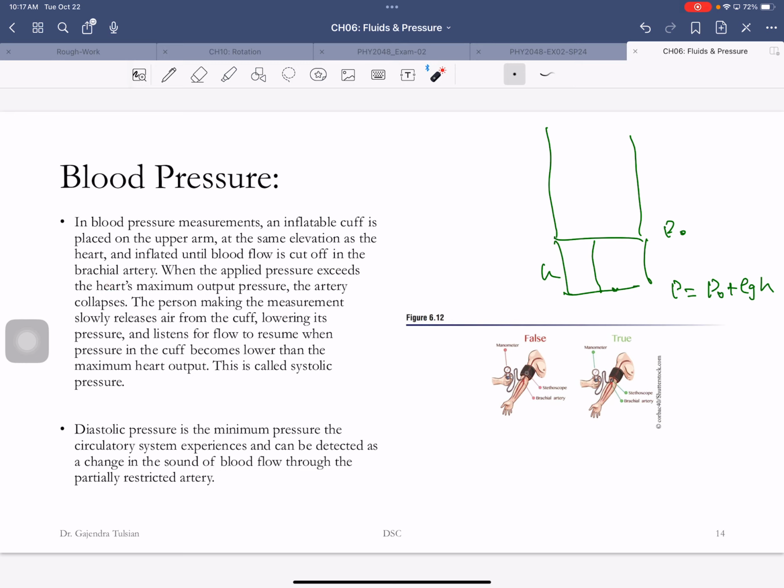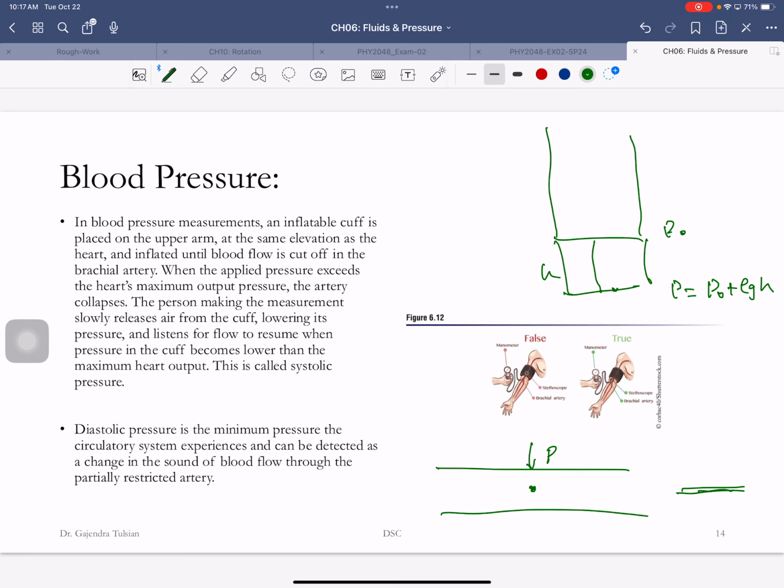So what are you doing? If you apply a greater pressure than the blood pressure inside the blood vessel, then the artery collapses and the blood flow stops. So if this pressure is greater than the blood pressure, the artery collapses and no flow is there.